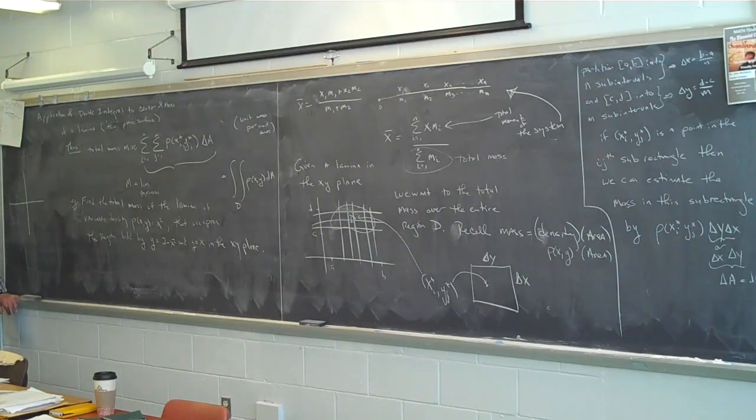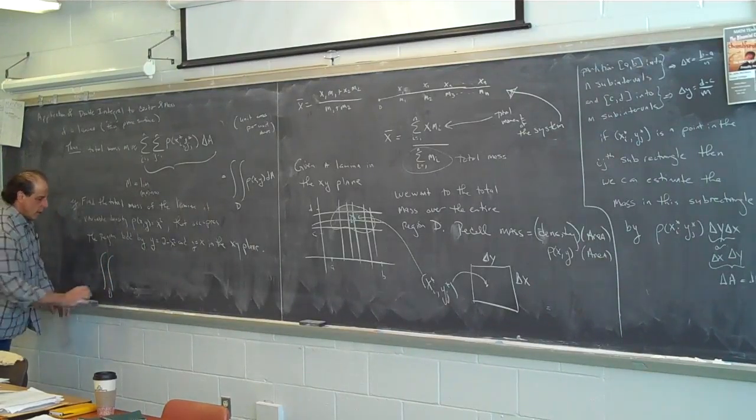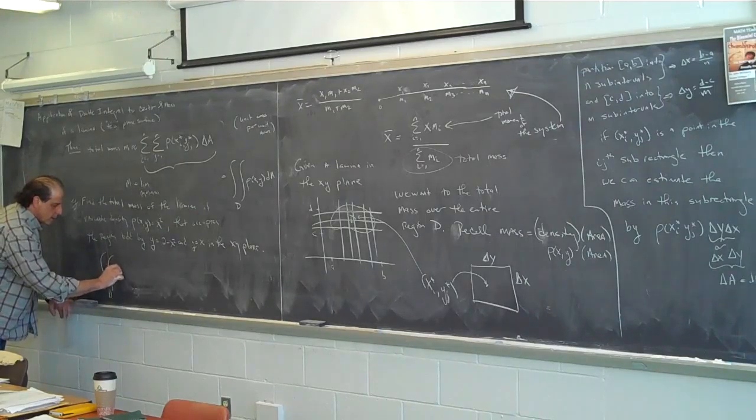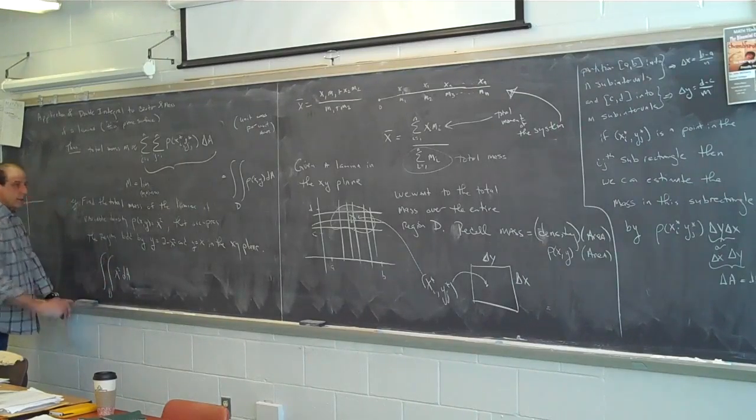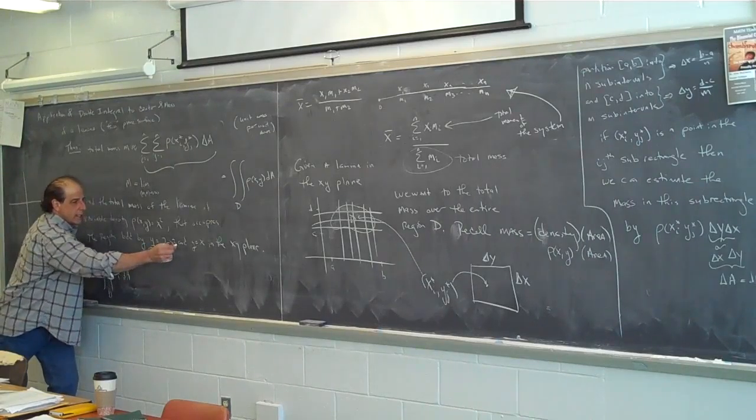So we know it's a double integral over D of the density dA. So what's D? Let's see, it's bounded by this guy and this guy.